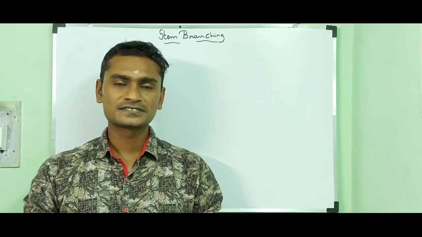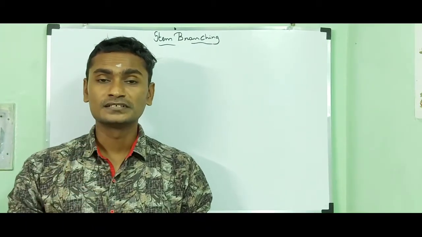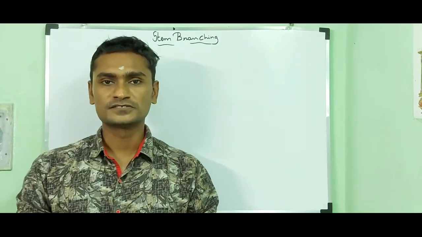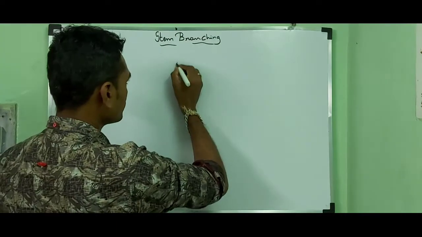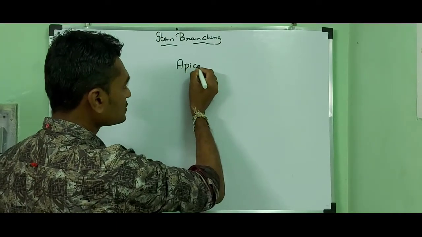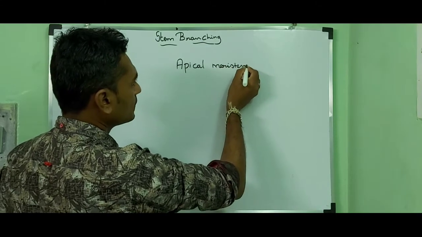Let us discuss the stem branching. Branching pattern can be determined by the activity of apical meristem. So who is responsible for the branching pattern is called apical meristem.